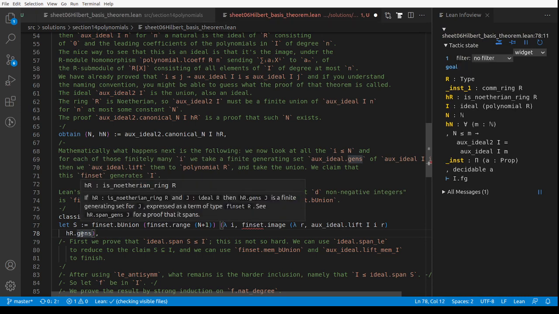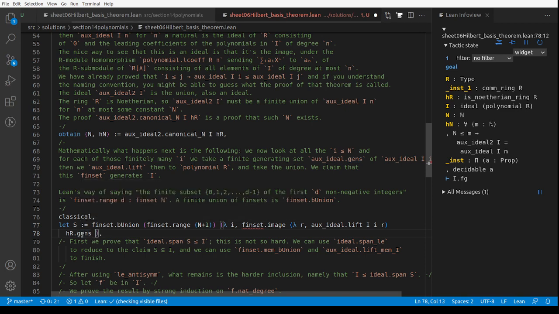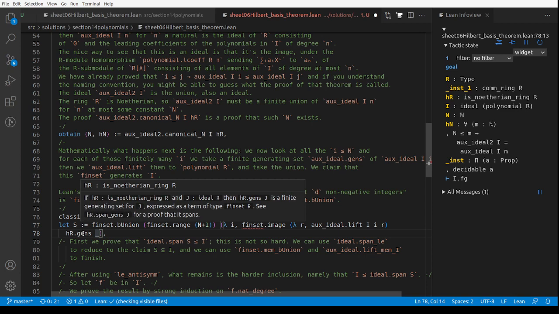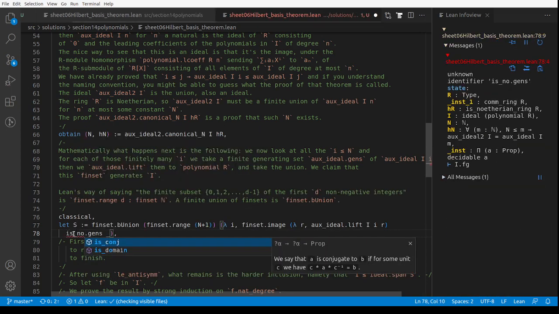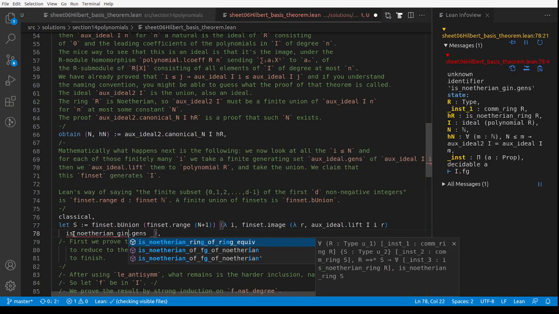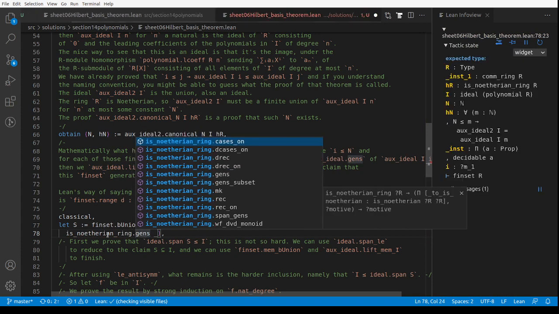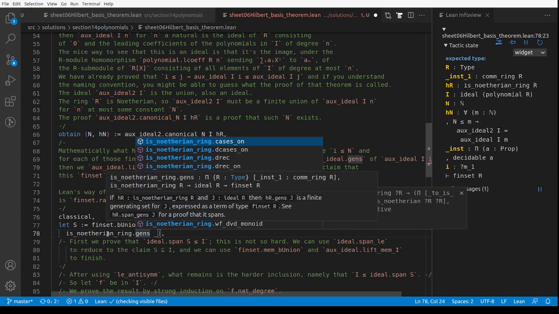But now I have to say what we are taking the generator of. hr dot gens. What does this? Oh, how annoying! I can't see. Is Noetherian ring dot gens. Now if I hover over this, there, now I can see it.